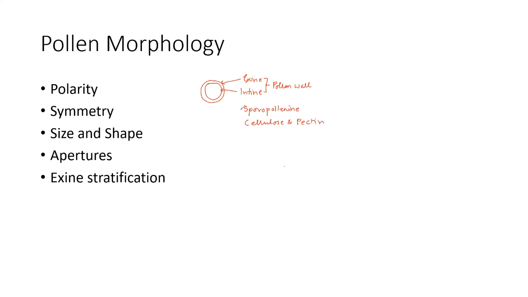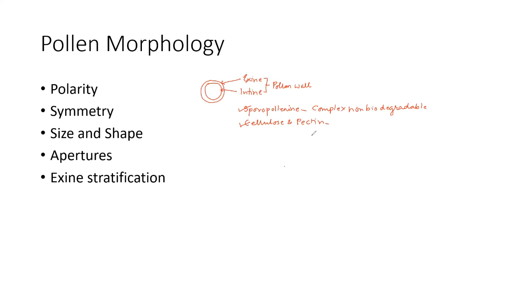Sporopollenin is a very complex and non-biodegradable substance, whereas cellulose and pectin are comparatively very simple and biodegradable substances. So that is making the complete wall of the pollen grain.